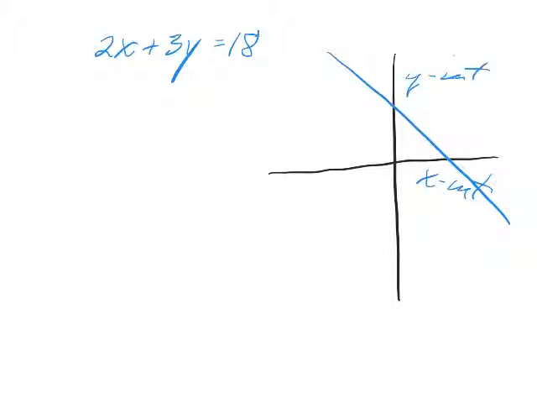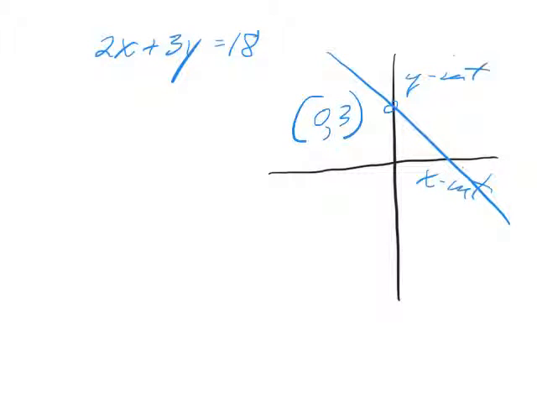Now this is one thing that is very true. When this line crosses the y-axis, the x value will always be 0. So this point right there will be 0, something. In this case, let's just make it 3.